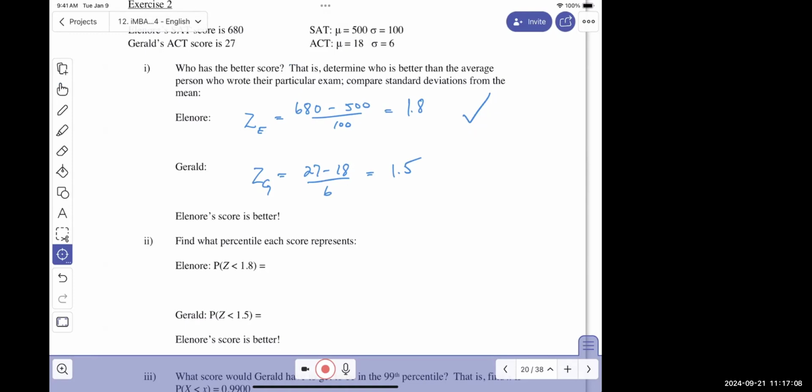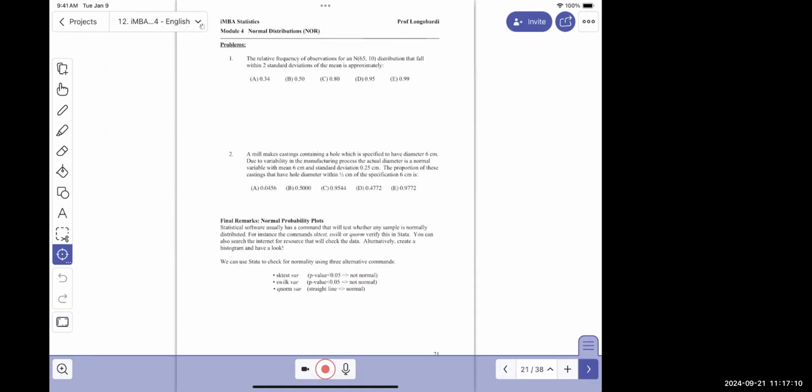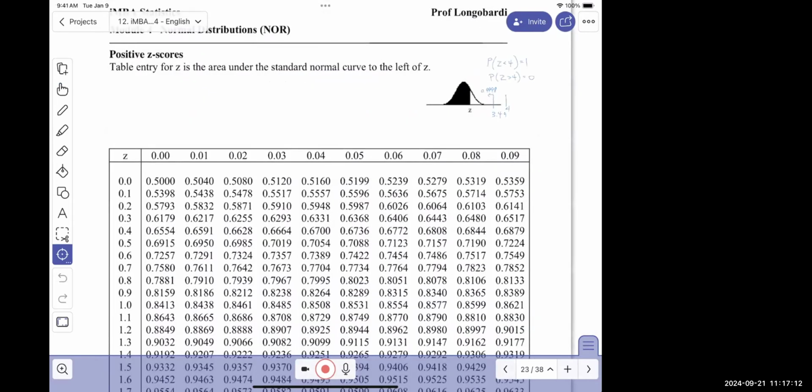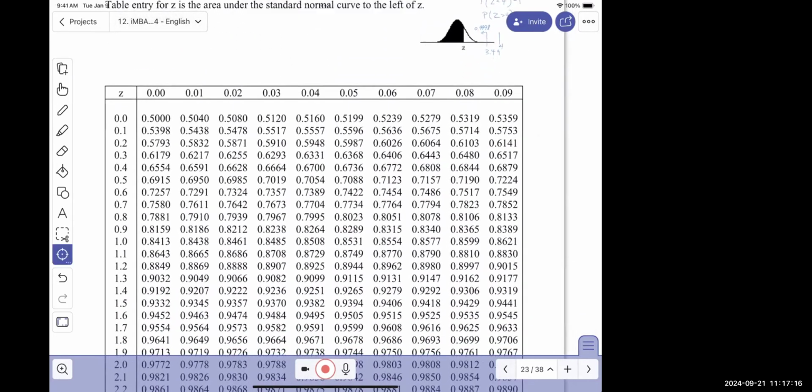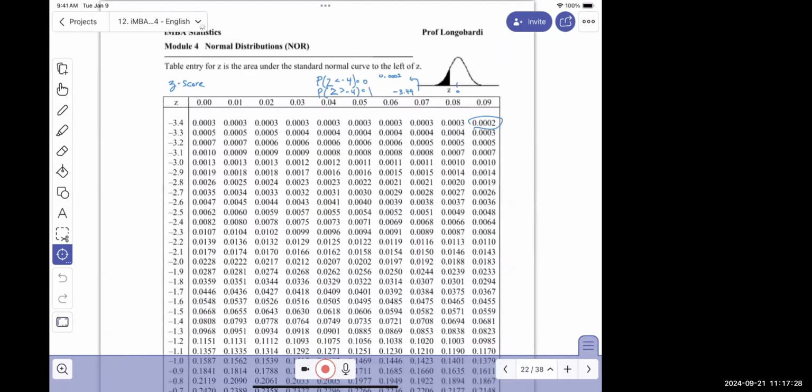So let's go to the tables. 1.8 on the positive table is right here, 1.8. Now this is for the second decimal. It's just 1.80. So 96.41% of students scored worse than her. 96.41.